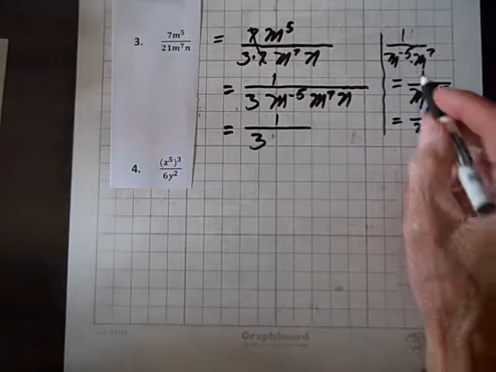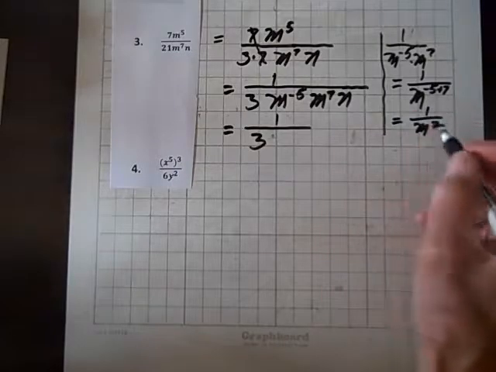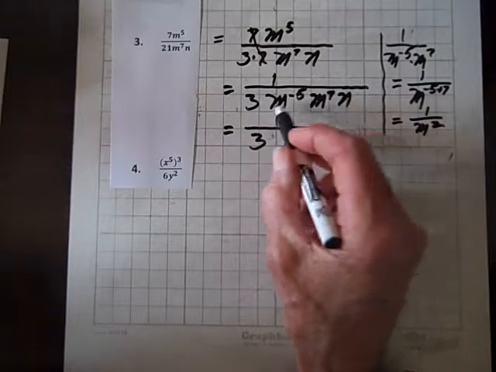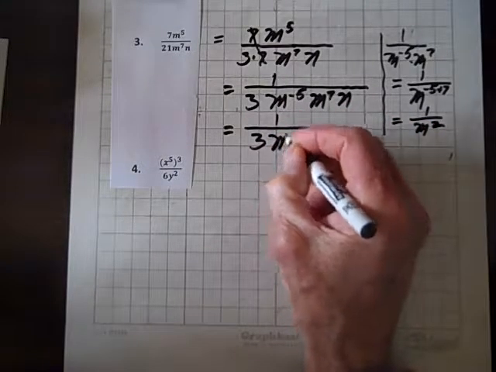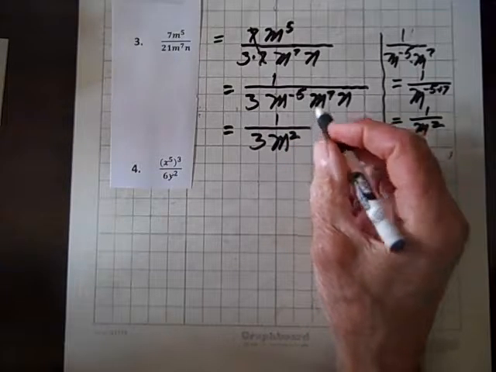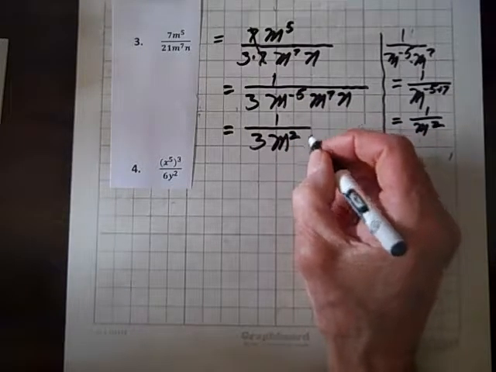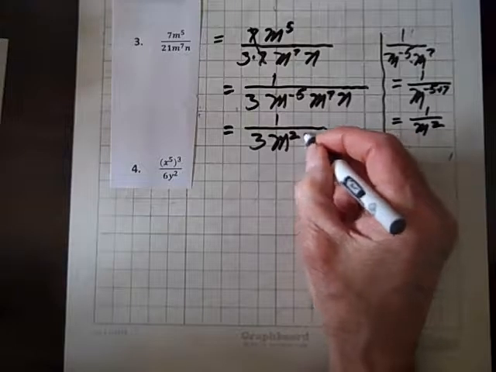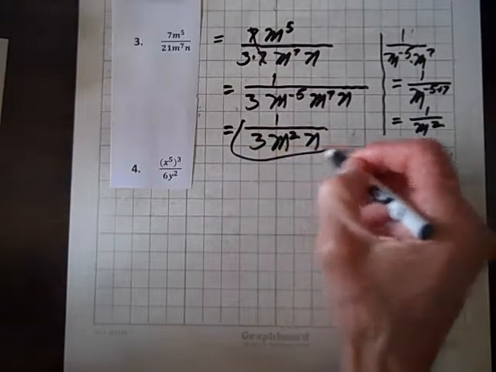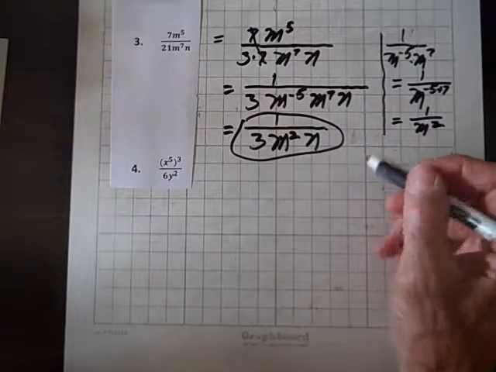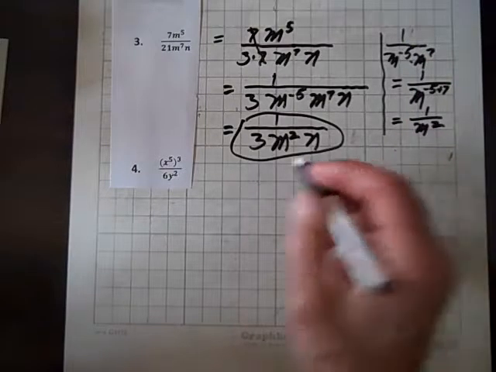I was running out of room, so I had to do some side work here. So the product of these two is going to be m squared, because negative 5 plus 7 is 2. And nothing's going on with that n. That's all there is to it, and we're done with this one. Hope you'll excuse the side work.